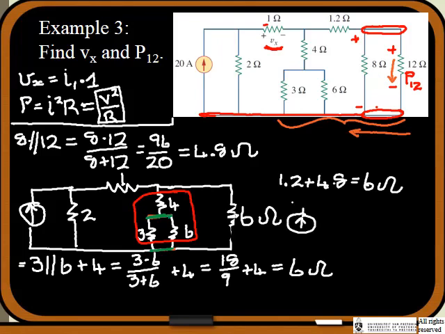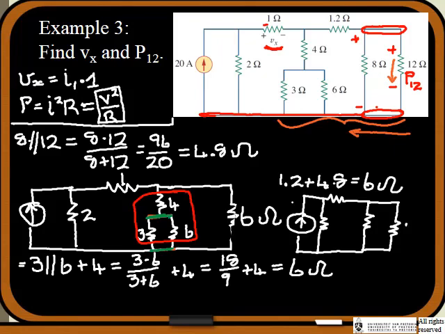There's still the source, we still have the 1 ohm, then we still have the 2 ohms sitting here parallel with the source, but now we are left with 6 ohms over there, and we are left with another 6 over there.